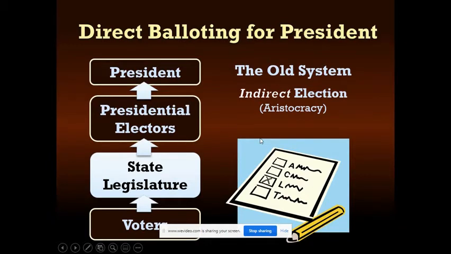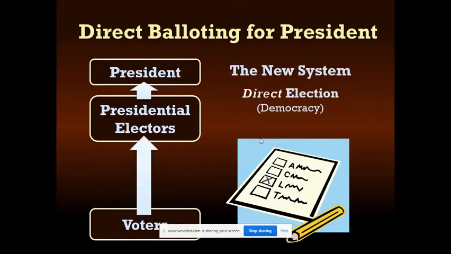But after the election of 1820, moving into the election of 1824, we see a new system start to take place. And what brings about this new system? Well, primarily, guys, it's because new states are coming into the Union out west: Henry Clay's Kentucky, Ohio, Indiana, Illinois, Missouri, and soon Wisconsin, Michigan, and Iowa.